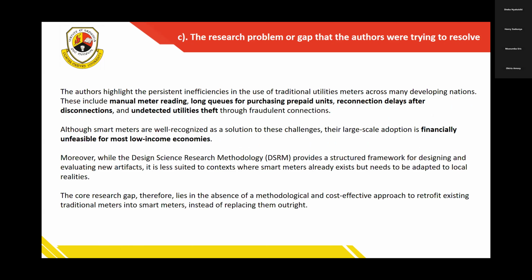According to the research that we looked through and discussed with the team, the researchers carried out the research in these developing countries, specifically Africa. Africa is not basically a developing country, but in the case study where they looked at Ghana, they were able to identify the persistent inefficiency of using the traditional utility meters. And these traditional utility meters, as I told you, had challenges.